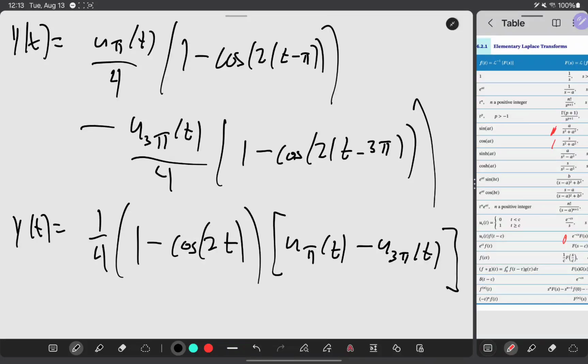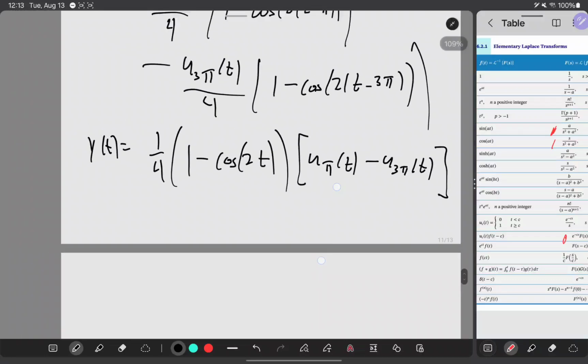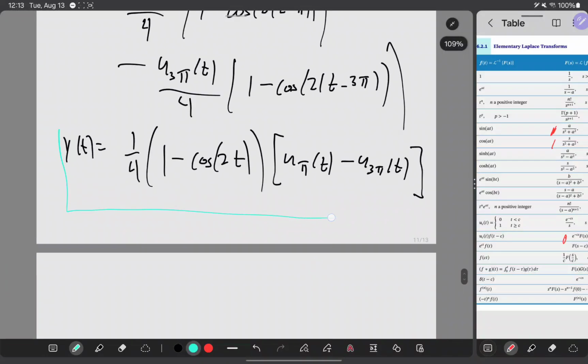They wrote it differently, but what's what I have over here, actually? Yeah, that's good. They didn't simplify it as much as I did. That's why. Yeah, this is good though. This is correct.